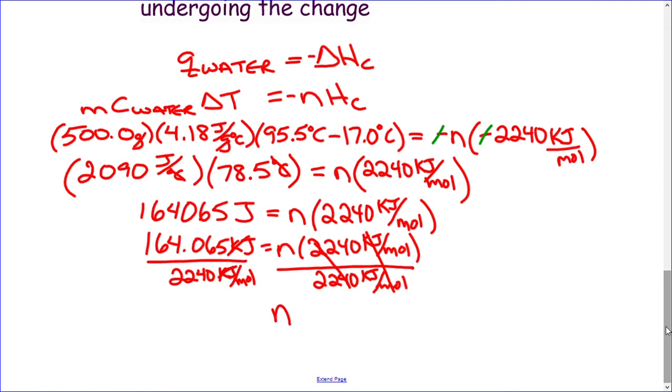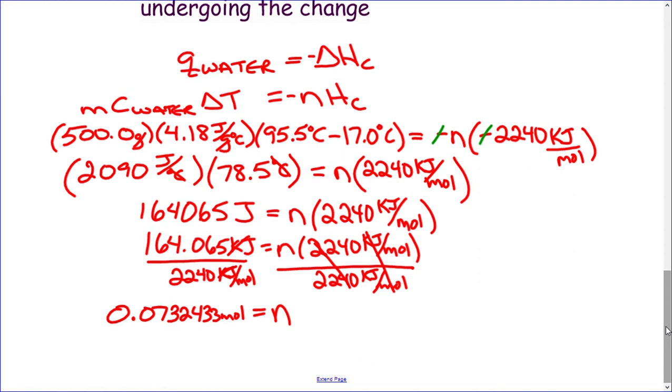And so N is then going to equal 164 over 22, is going to equal 0.07324, we're just going to hang on to our digits here, 32433 moles.